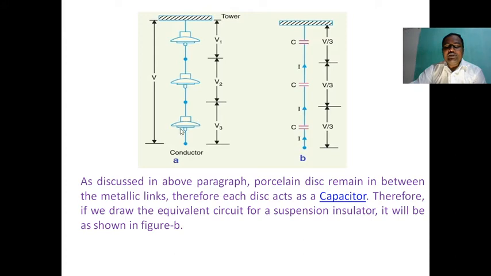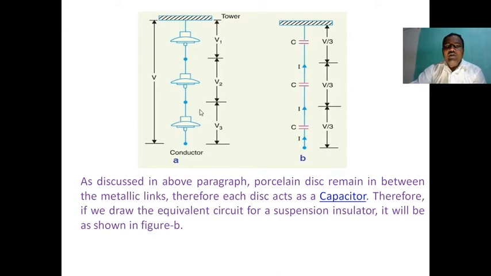The potential distribution across the string: V3, the disc nearest to the conductor, has more voltage compared to the top disc. The top disc has less voltage, which means V3 is greater than V2, which is greater than V1, because the nearest disc to the conductor has more voltage.